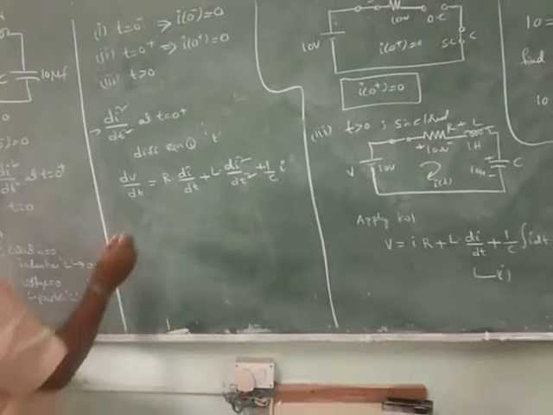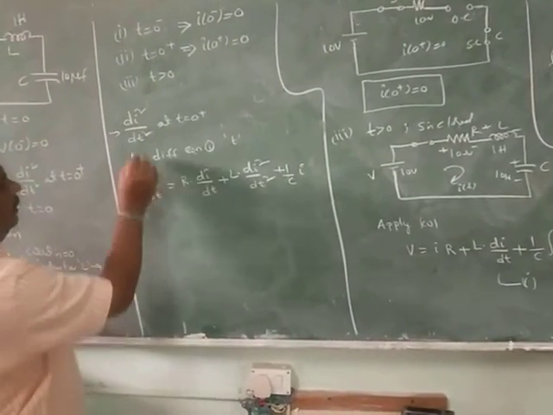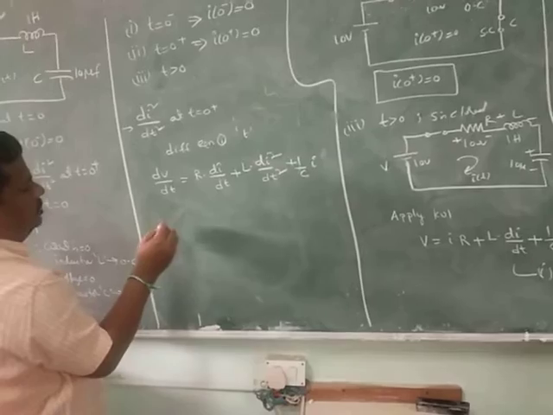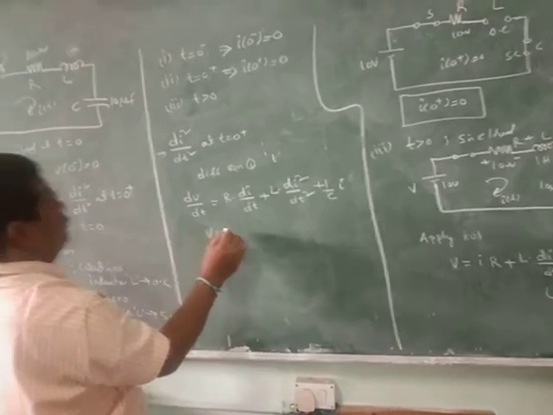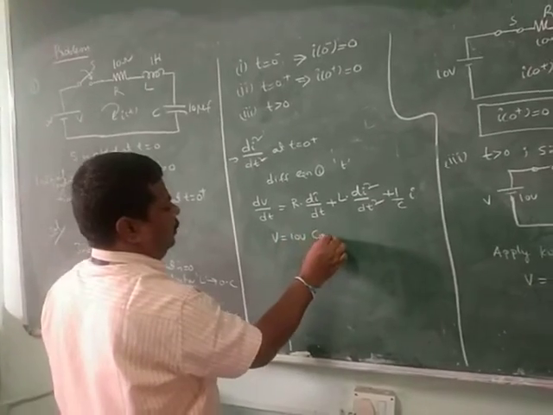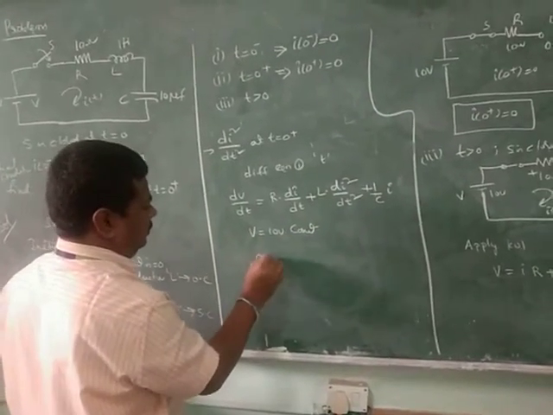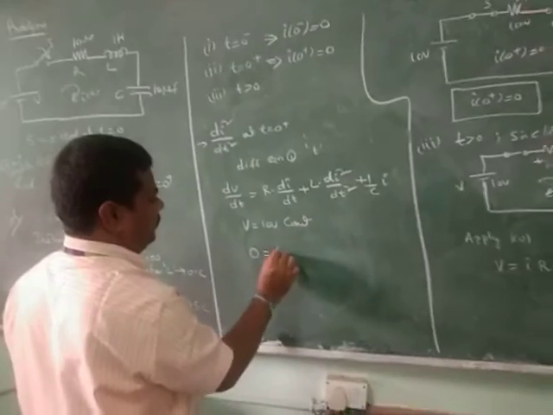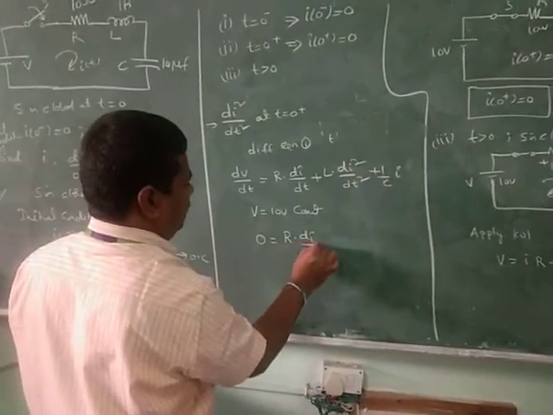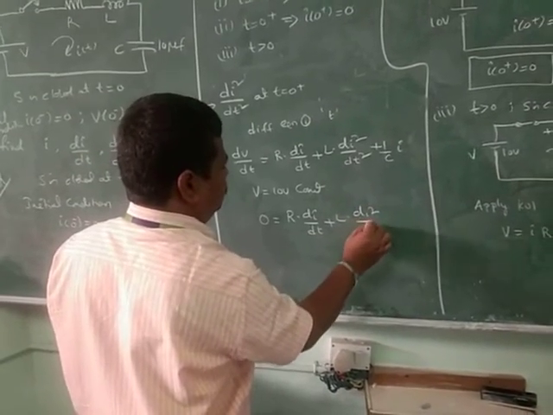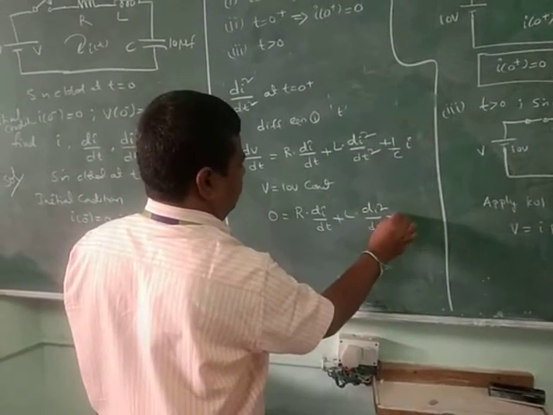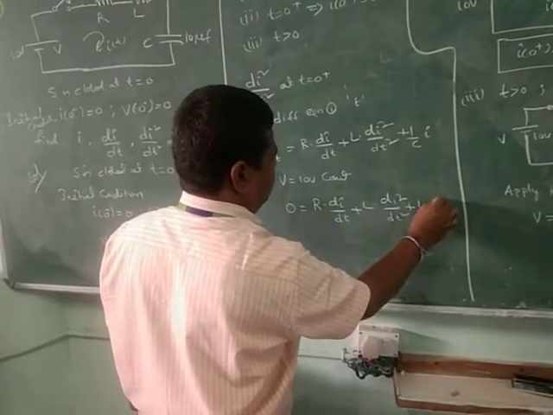The condition is to find d²i/dt² at t equal to 0 plus. Now V is constant, V is equal to 10 volts, so 0 is equal to R into di/dt plus L into d²i/dt² plus 1/C into i.